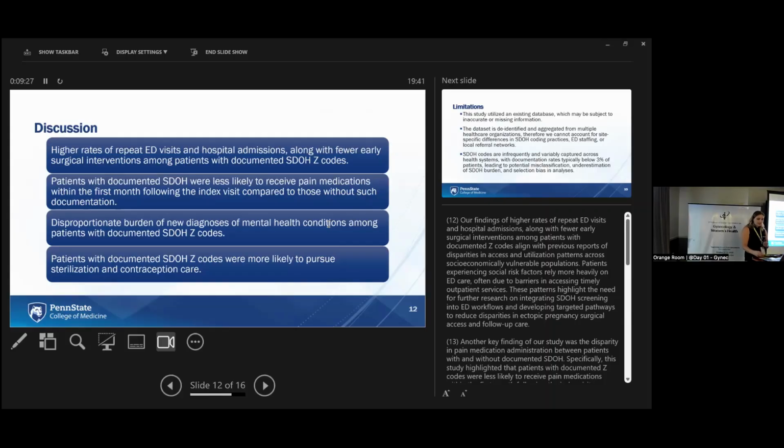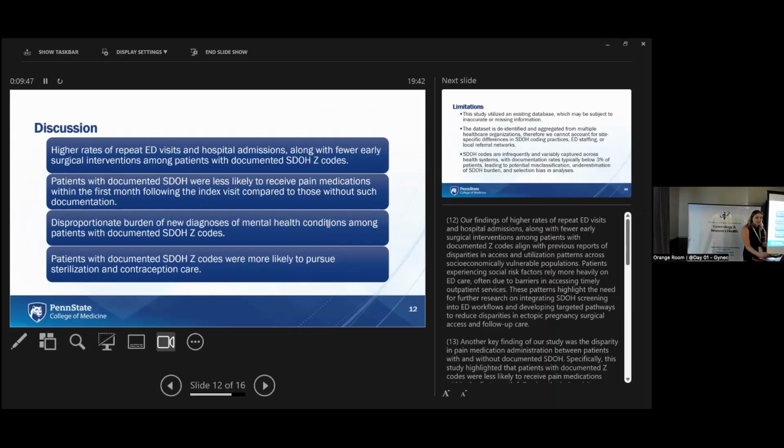Interestingly, however, patients with documented Z codes in our study were more likely to pursue sterilization and contraception compared to patients without these Z codes. Prior research has shown that low-income women are more likely to seek longer-acting or permanent contraception, but often face structural barriers, including mandatory waiting periods and consent requirements.